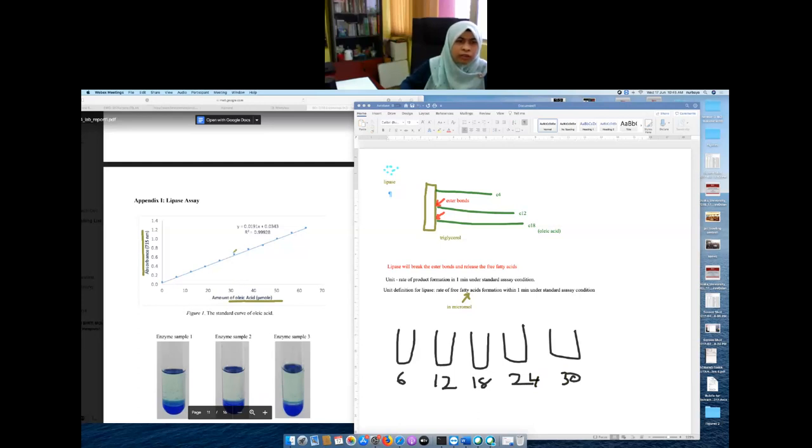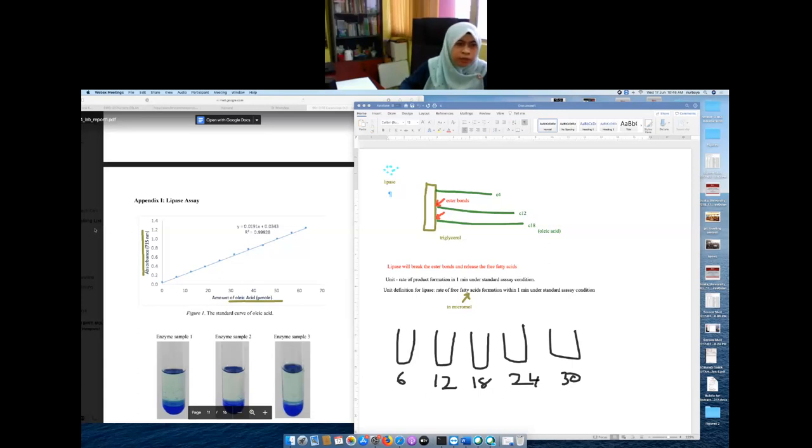We follow the x-axis. We calculate the micromole of the fatty acid and then mix it with isooctane.